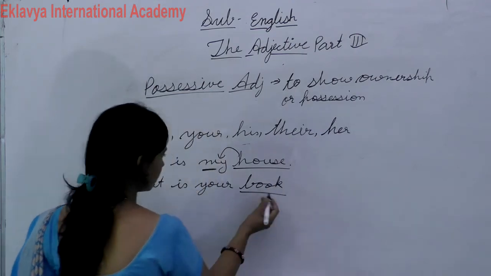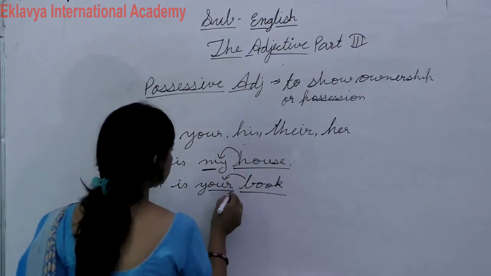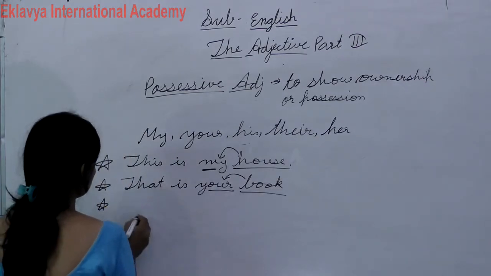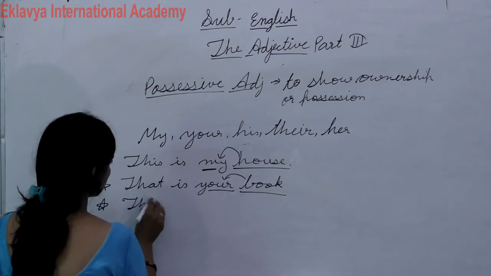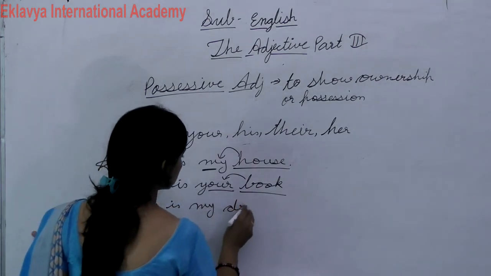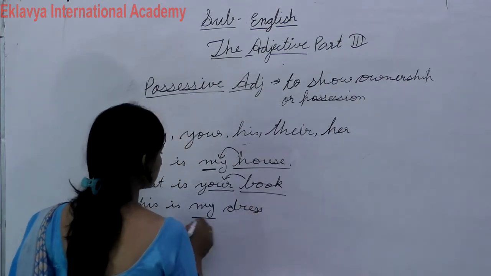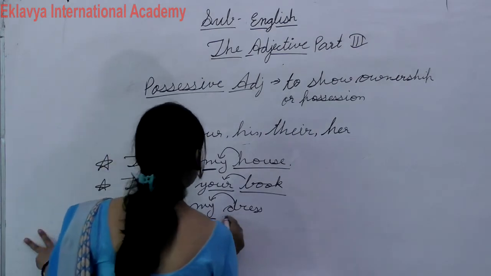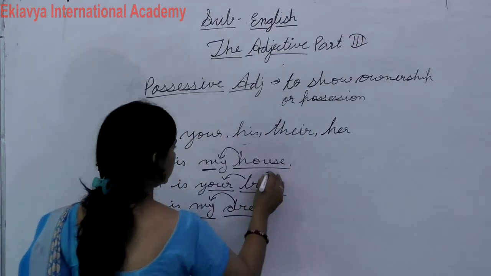So also here book is noun and your is possessive adjective. This is my dress. So here also my is a possessive adjective, and dress is a noun.